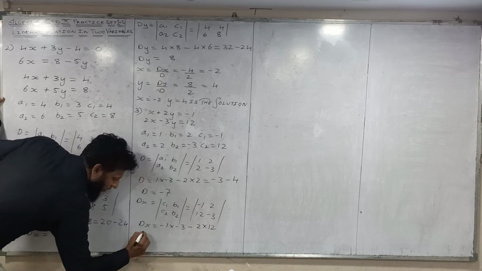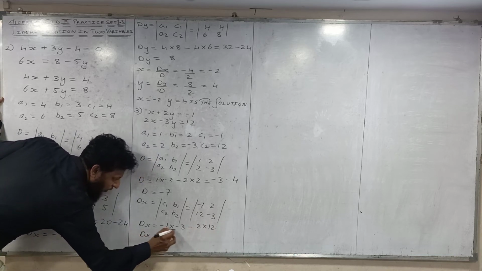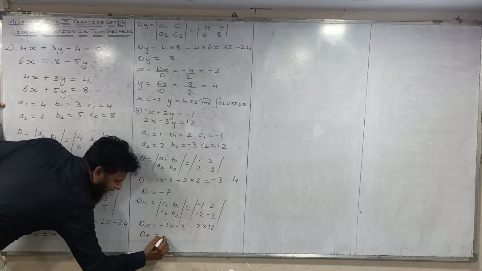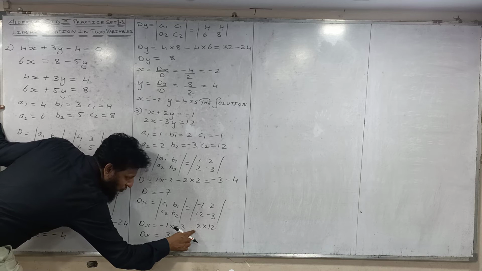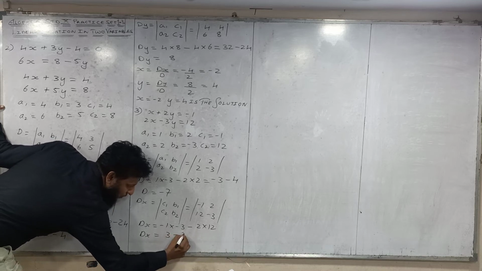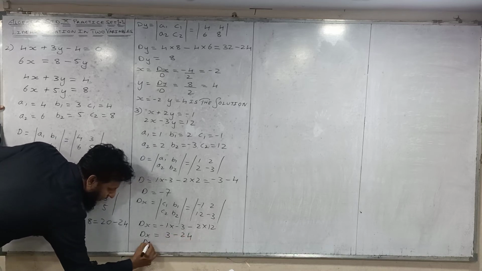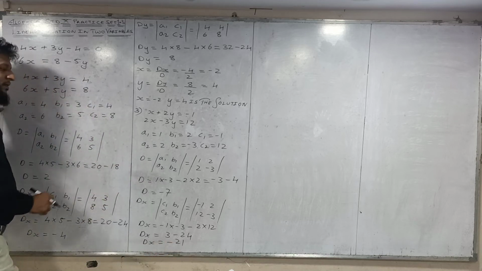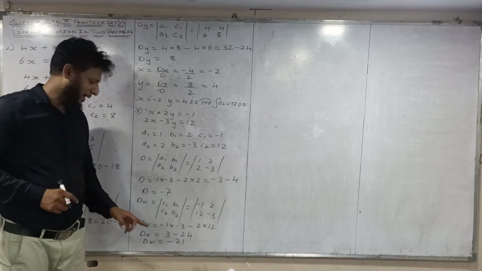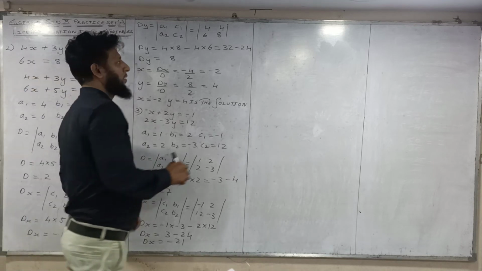Then determinant x is equal to 1 3s are 3, minus minus plus 3, 2 12s are 24, minus 24. So determinant x is equal to minus 21.